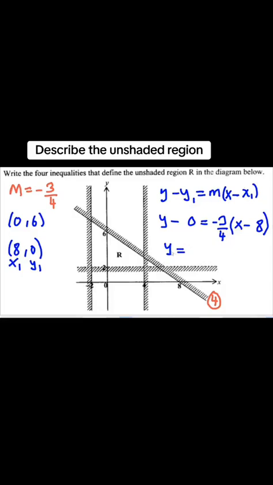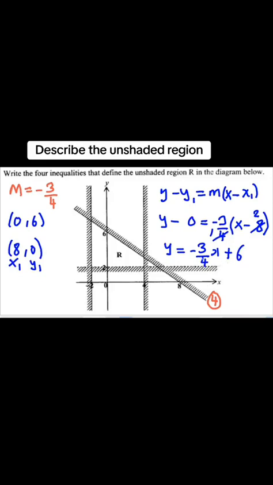So just write y is equal to, and then negative 3 over 4, we open the brackets right here. So negative 3 over 4 times x. This will give us negative 3 over 4x. Then this negative times this negative inside gives us a positive. Then 4 here, 1. 4 into 8, it's a 2. So 3 times 2, this will give us a 6.